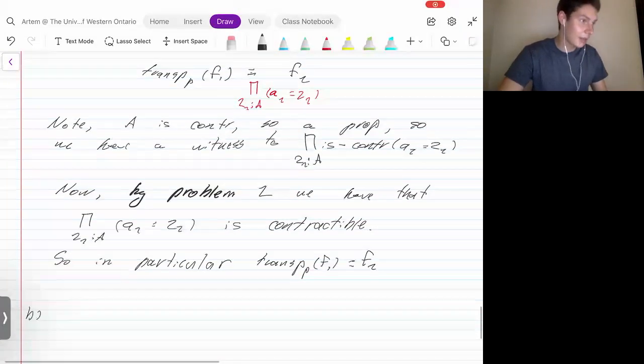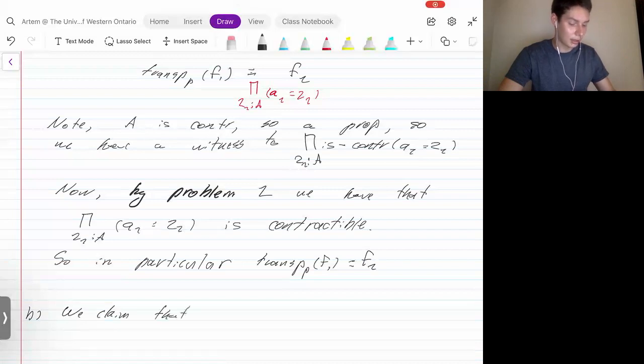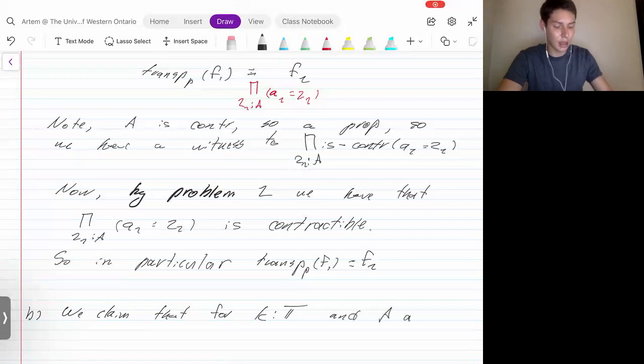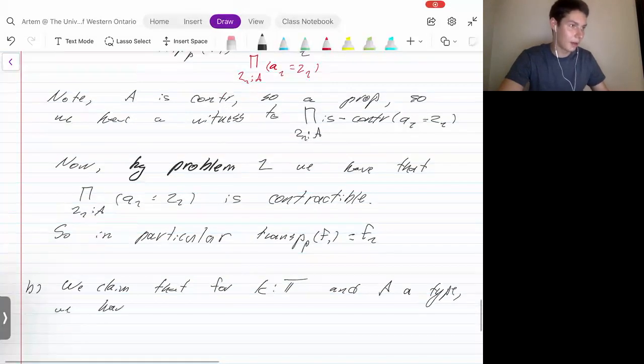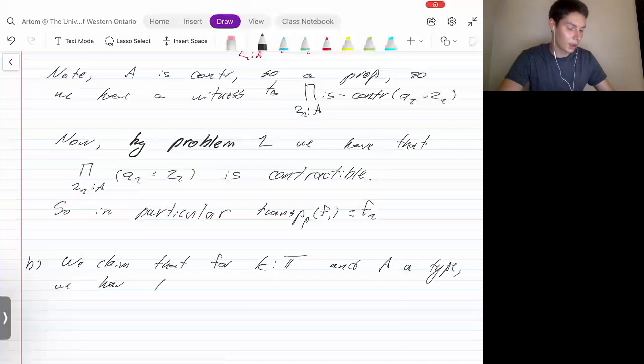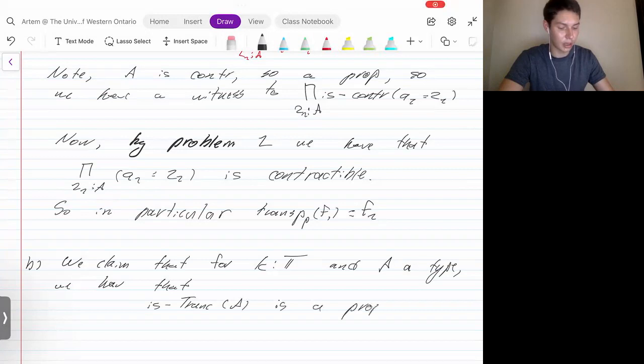So part B is: we claim that for K in T, where T is encoding our truncation levels from -2 and up, and a type A, we have that is K truncated A is a property.